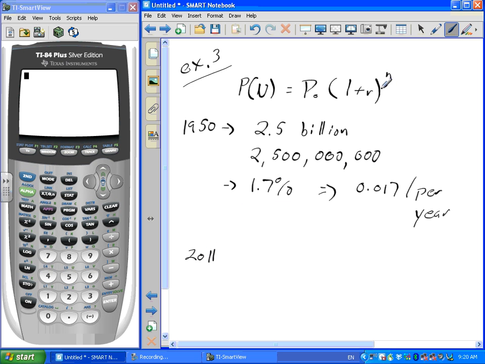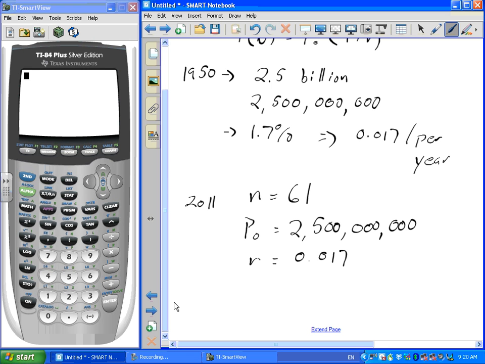How many cycles or how many periods have passed since 1950 to 2011? Good. So our N is going to be equal to 61. P at 0 is 2.5 billion. I'm just going to write the whole number out. And our growth rate R is 0.017.